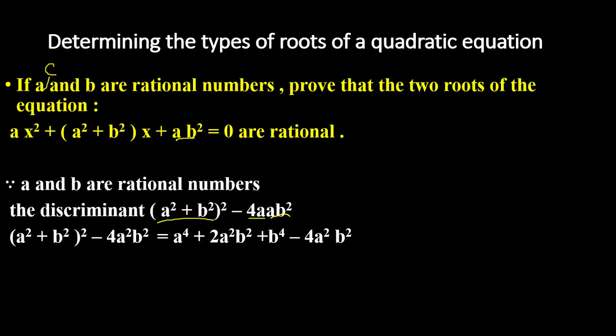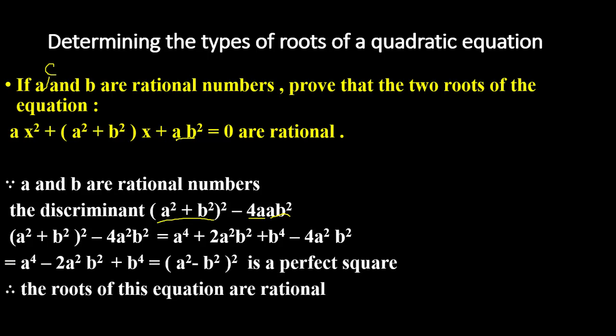Then I want to simplify. We studied how to simplify this. First power 2. Okay, so it will be a power 4 plus 2 by first by second, 2a power 2 b power 2, plus second power 2, which is b power 4. Then I have minus 4a power 2 b power 2.